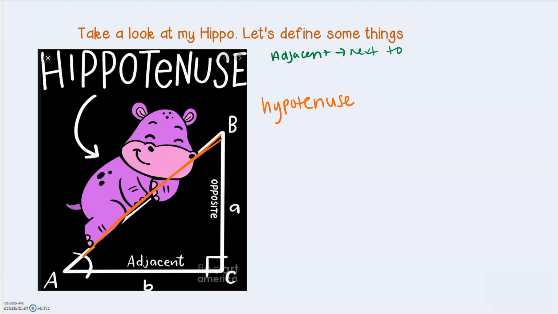And so this hippo, our hypotenuse, is always, always, always that diagonal line that is opposite from angle C. Always. It is always opposite from that right angle. And again, it's actually called a hypotenuse, but if you tell me it's the hippo line, I'll know what you mean. But shoot for using the word hypotenuse.